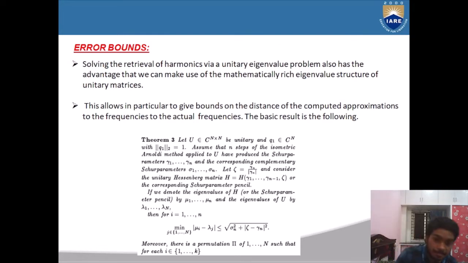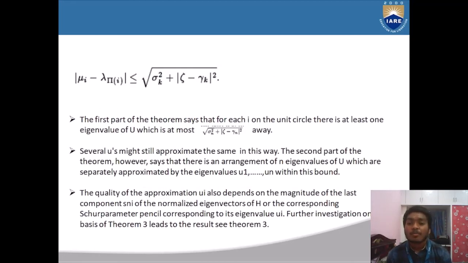Moreover, there is a permutation tau of 1 to n such that for each i belonging to 1 to k, modulus of mu i minus lambda tau of i is less than or equal to the square root of sigma k squared plus modulus of rho minus gamma k, whole squared.